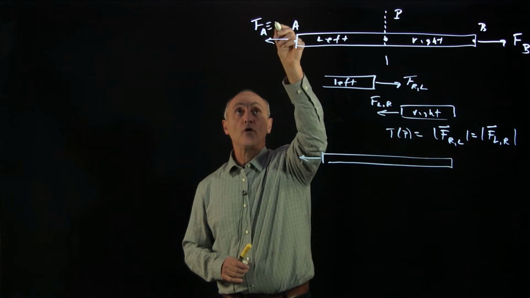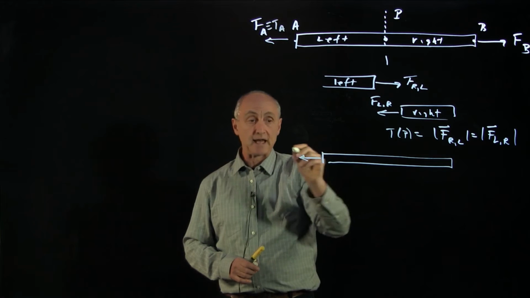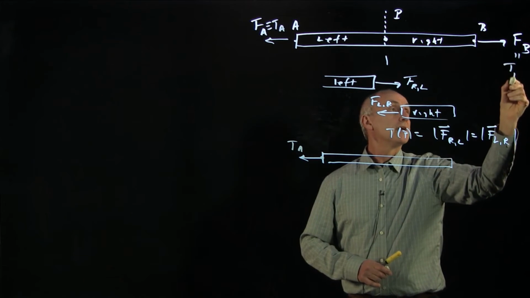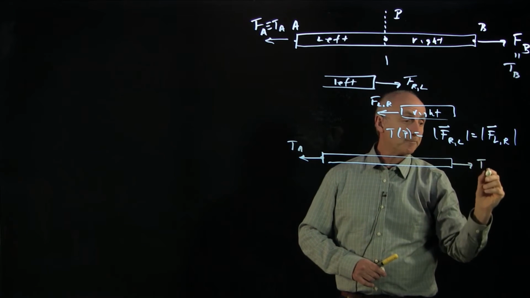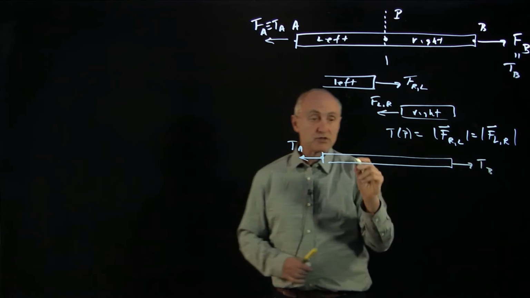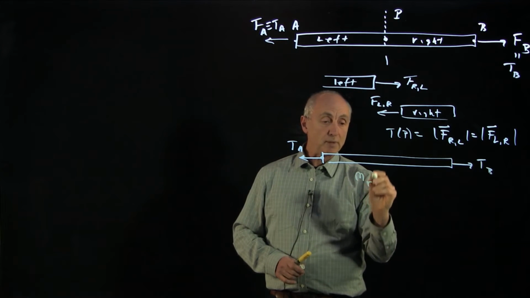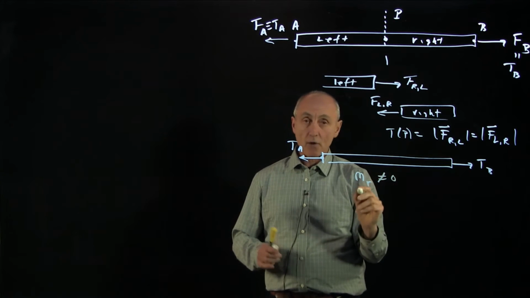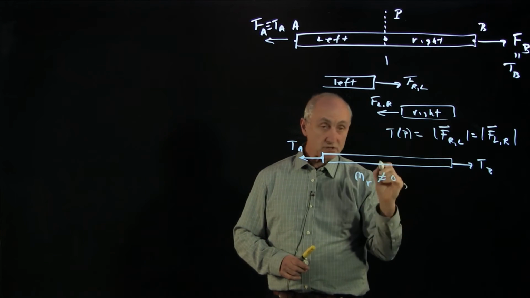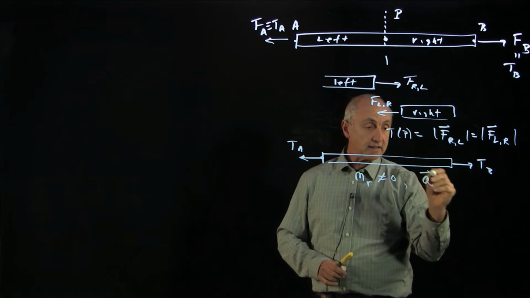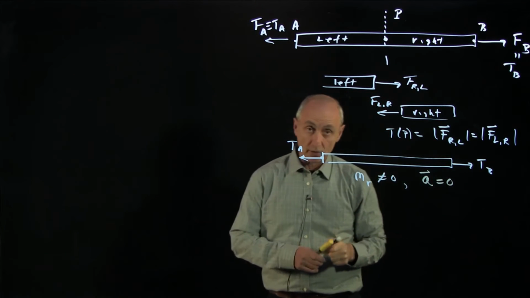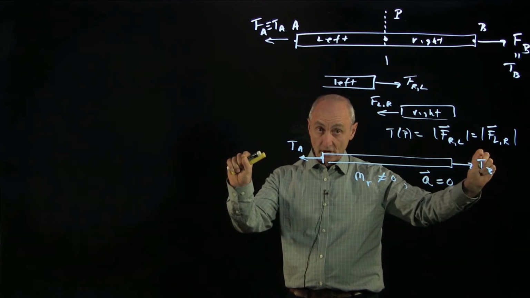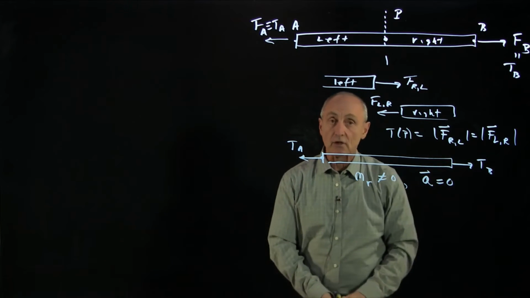By the way, we can call this the tension at that end, T of A, and on this side, the tension on side B. Now, suppose that the mass of the rope is non-zero, and let's also apply the condition that the acceleration of the rope is zero. So you're holding the rope under some tension by pulling both sides, but the rope is not accelerating.